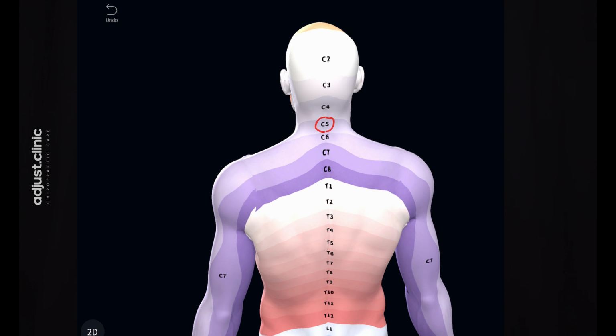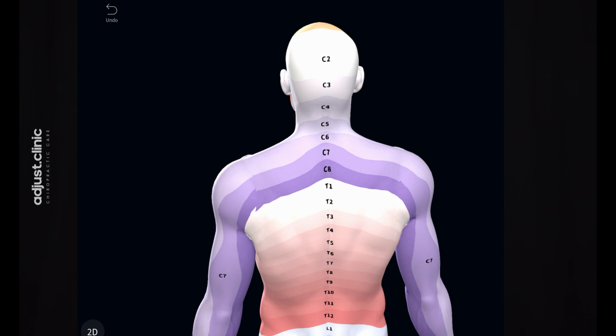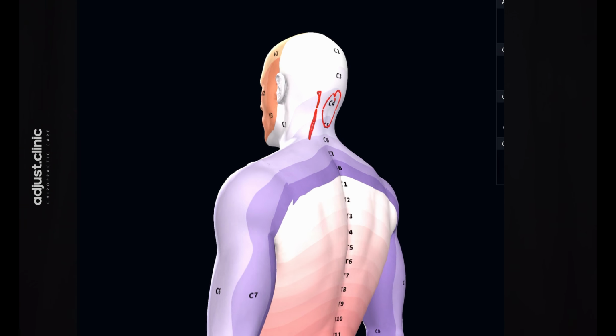Now, if you go to C5, another common area, that's going to refer down the arm too, but it's going to refer just a little bit less down either the arm or down to the shoulder blade area. Very similar to C6. But it's easy to sort of palpate the spine and find out where the dysfunction is if that's what your problem is. And what we find with the areas such as C4 is that that pain is going to be a little more localized to the neck.